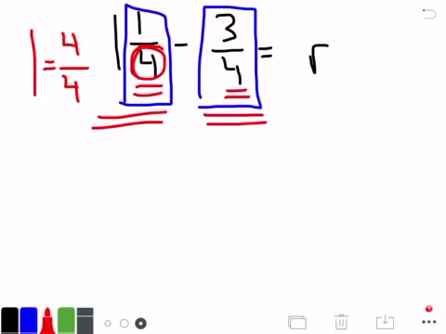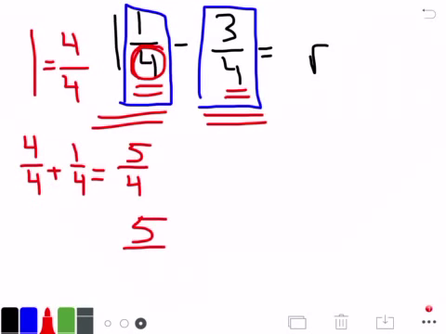If I write one whole as 4/4 instead of as one whole, I could take those 4/4, which would be the one whole, plus the 1/4 I had originally in 1 1/4, and that would give me a total of 5/4. Now if I write the equation as 5/4 minus 3/4, I have the same denominator, and now I can just do a straight subtraction. 5 minus 3, 2/4.